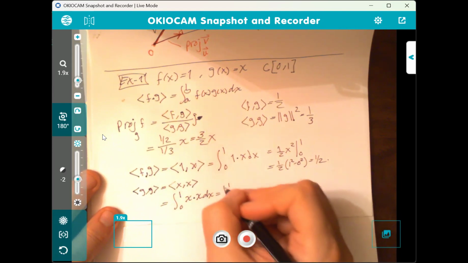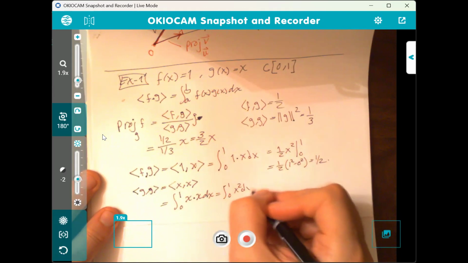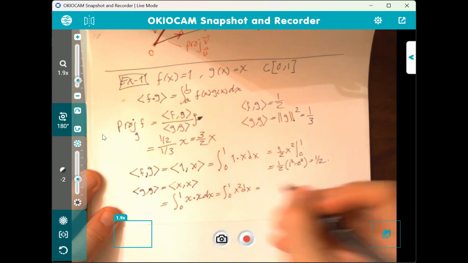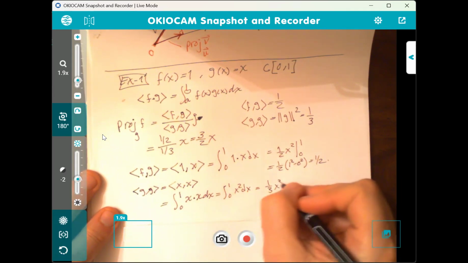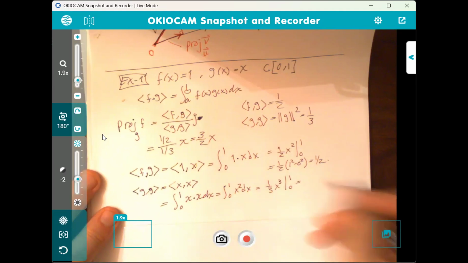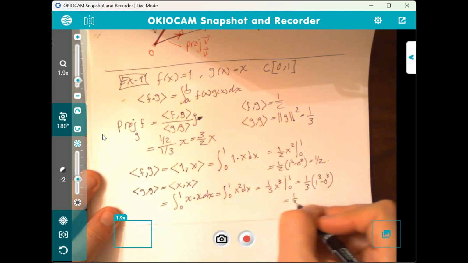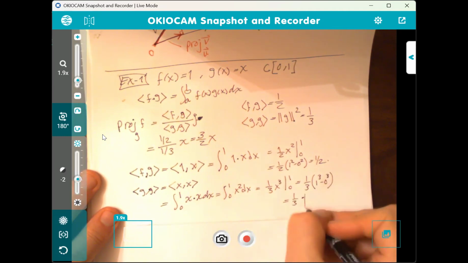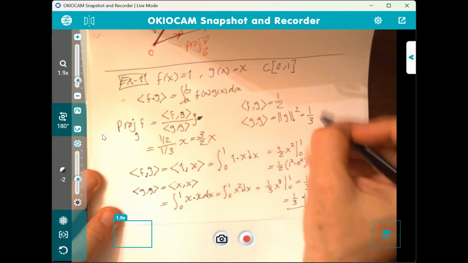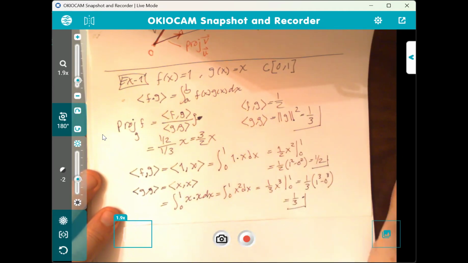This is the integral from 0 to 1 of x squared dx. And the integral of x squared is 1/3 x cubed from 0 to 1. That's going to be 1/3 times 1 cubed minus 0 cubed, and that is simply 1/3 times 1. And so that's how he's getting these numbers.